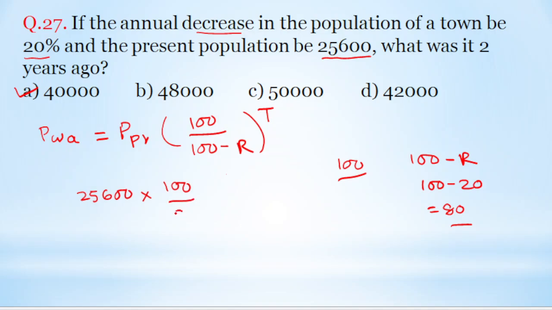So it is 100 by 80 for 1 year, as it is given for 2 years, we have to multiply it with another fraction, that is 100 by 80. Now after calculation we will get 40,000. That means here option A is the right answer.